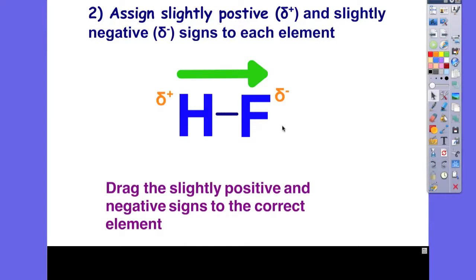Fluorine is not going to be fully negative, and hydrogen is not going to be fully positive. They're just going to be slightly positive and slightly negative. If they were fully positive and fully negative, then we would be talking about ions, but this is covalent bonds. So this symbol right here is delta, with a negative and delta positive to indicate slightly negative, slightly positive.